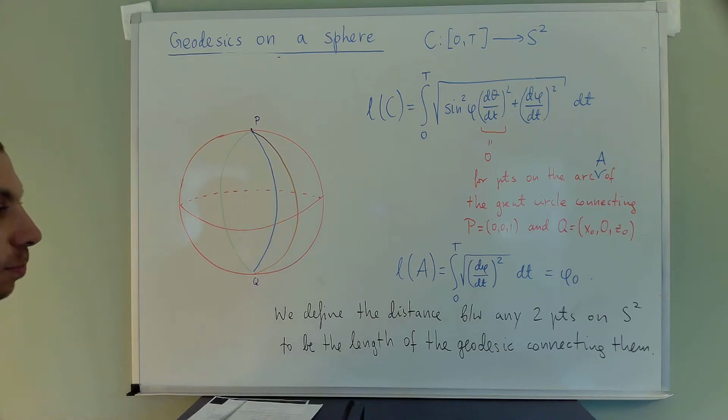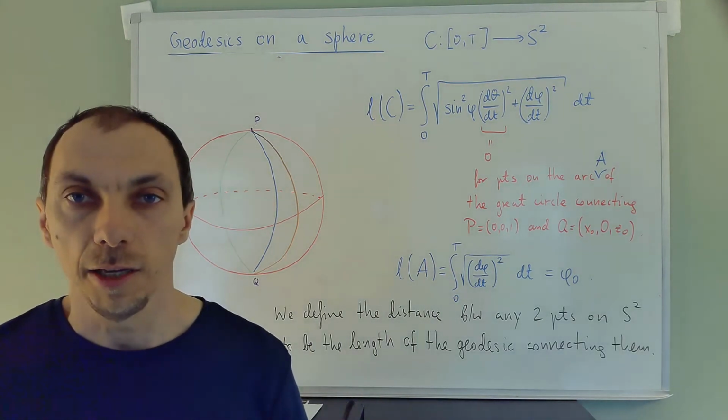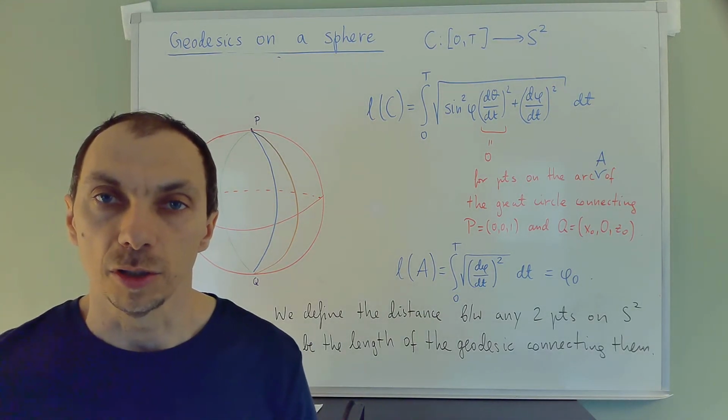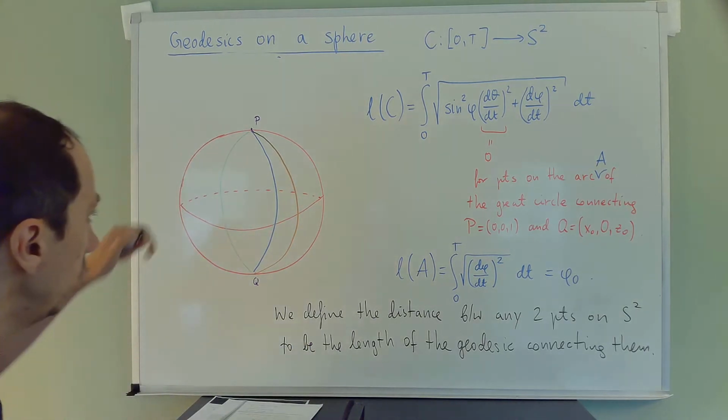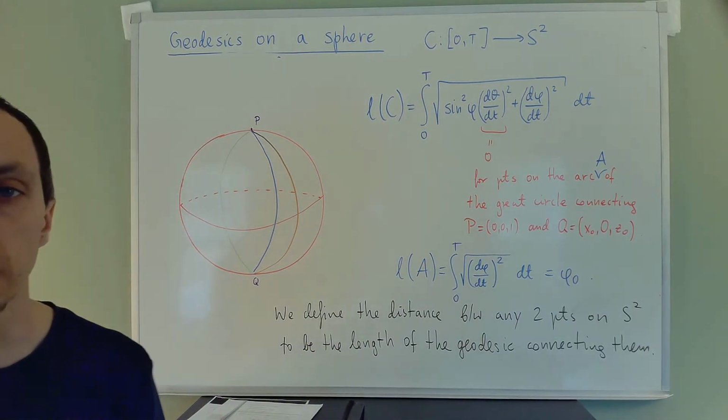And this also makes sense, even if there's not a unique geodesic between 2 points. There's no unique geodesic only in one case, when the 2 points are antipodal.